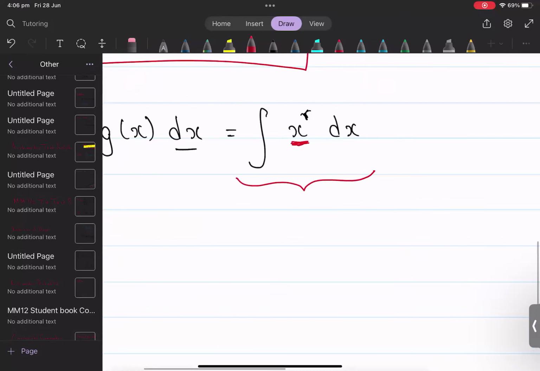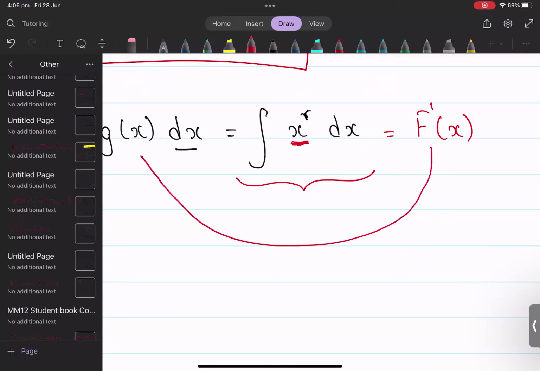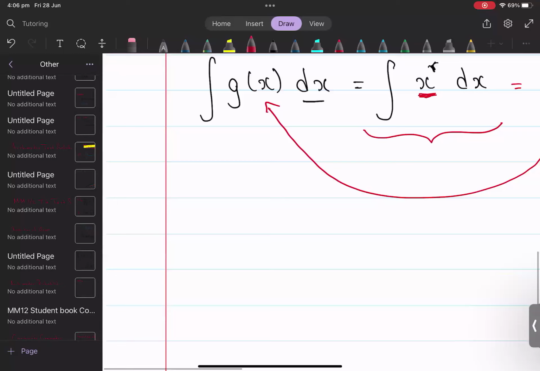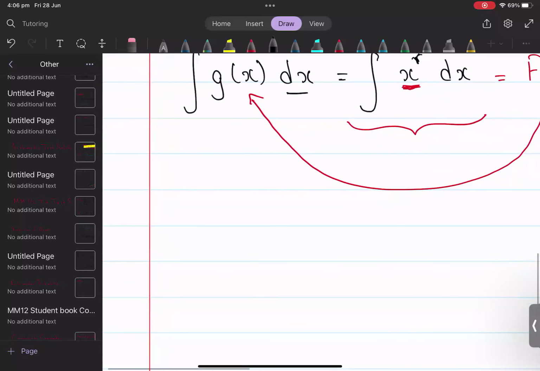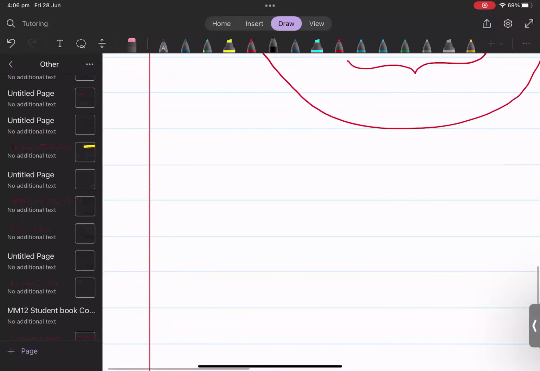So essentially, if I do my algebra and I get some function of x, and then I take the derivative of this, then I should get back my original function. So let's see this with an example here.